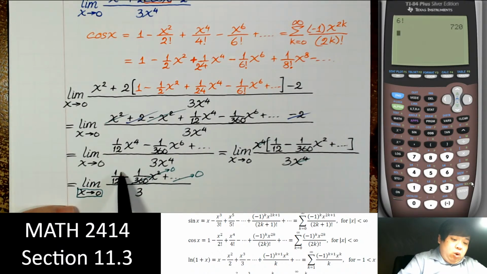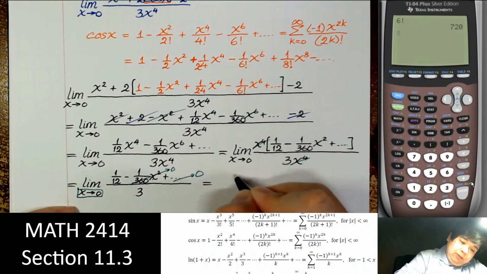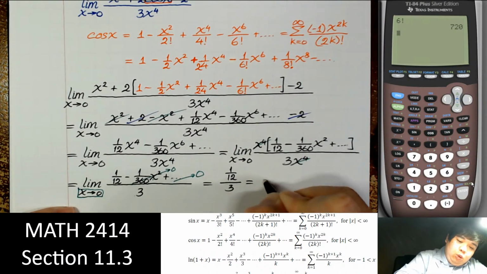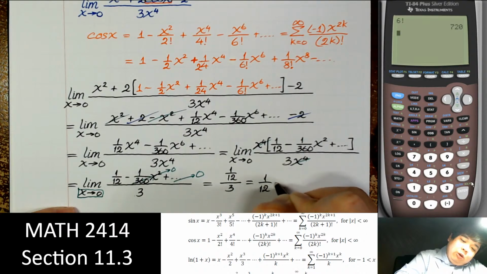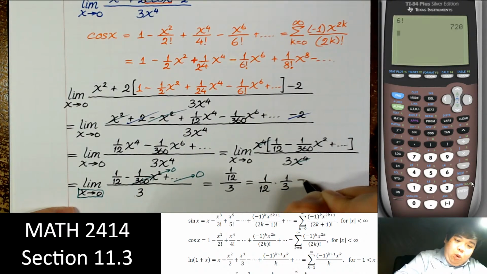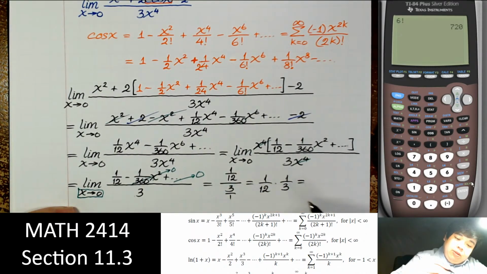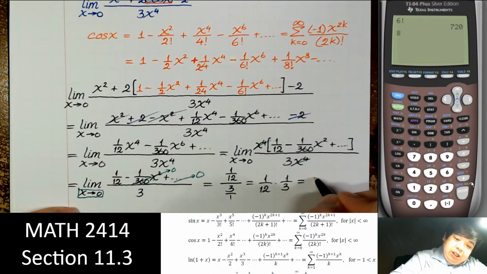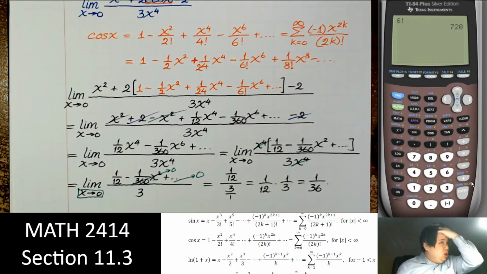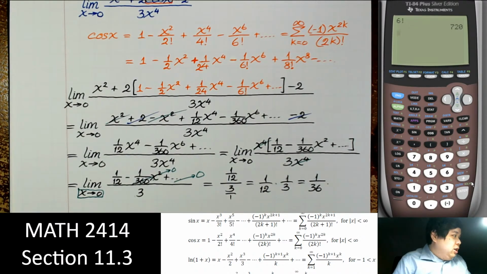So bottom line is we have 1/12 divided by 3, which is 1/12 multiplied by the reciprocal 1/3, which is 1 over 36. So that's what we can do using the Taylor series.